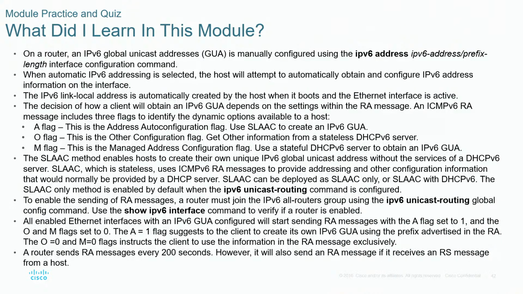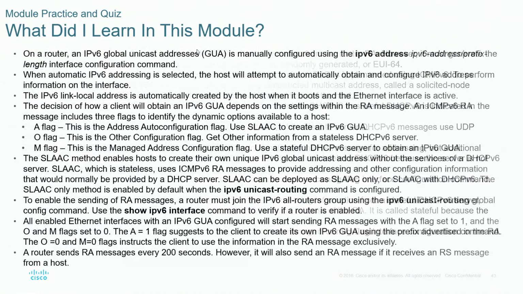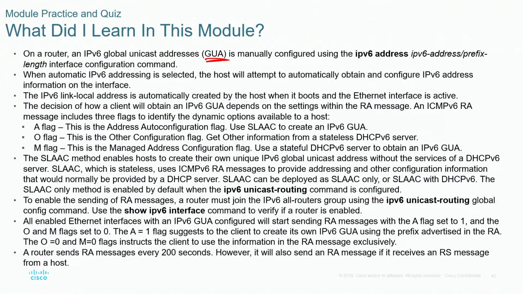So, routers have global unicast addresses, or GUAs. You can configure those with the IPv6 address prefix command. If you're doing that by DHCP, it figures itself out automatically. The link local address is created at boot time.